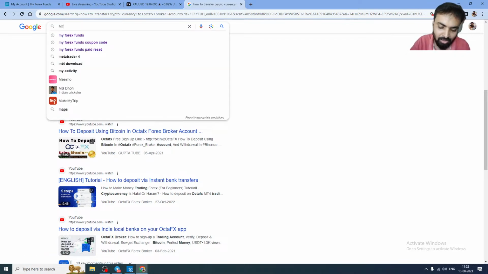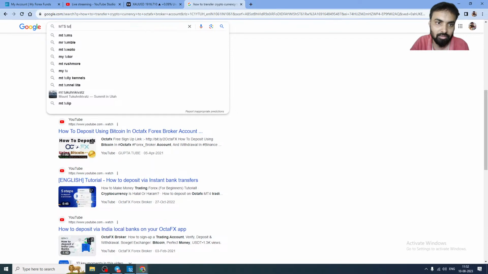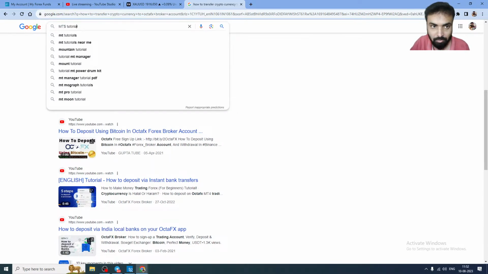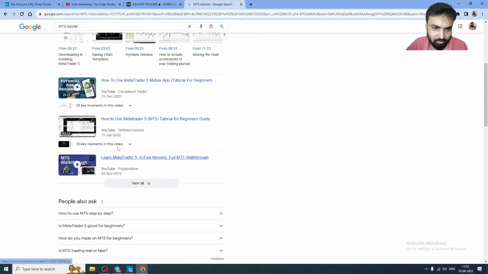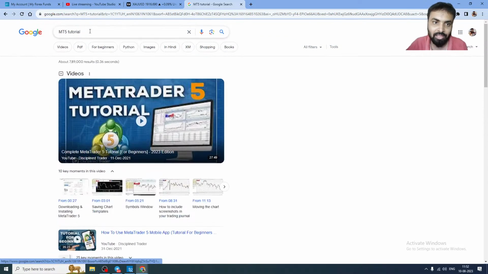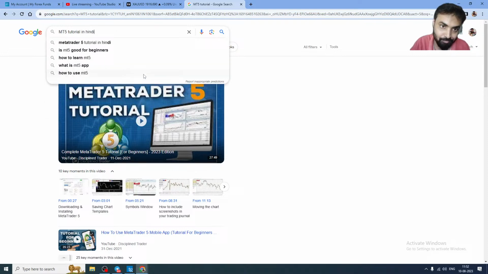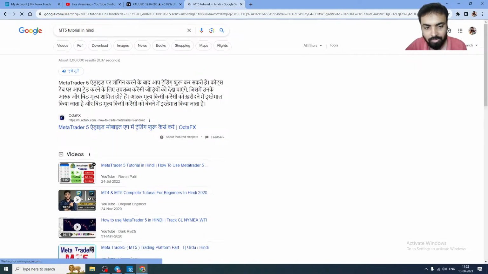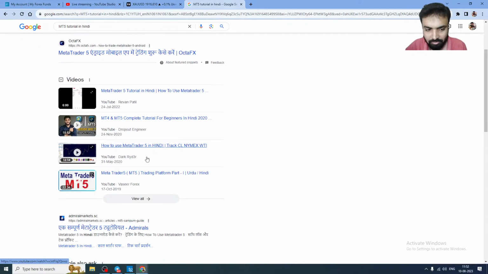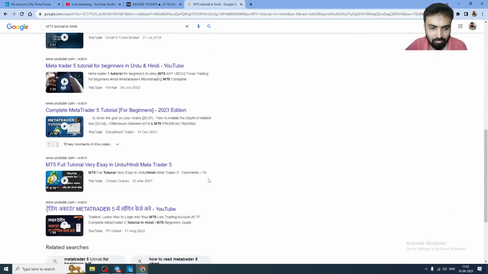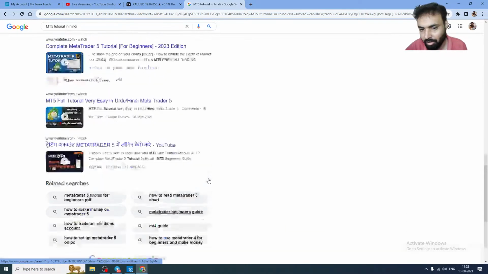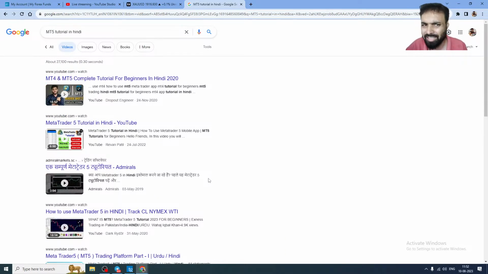Similarly, MetaTrader 4 tutorial. Okay, MetaTrader 4 or MT5. See how many there are in Hindi, maybe you can do it in Hindi. See, guys, Hindi, Malayalam, Telugu, Tamil, all languages will be there because they have already done this.